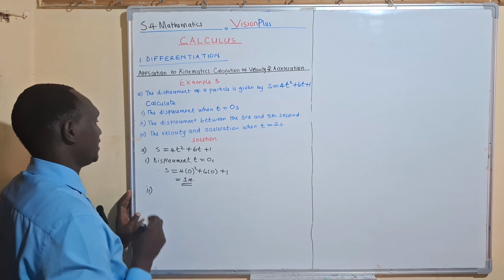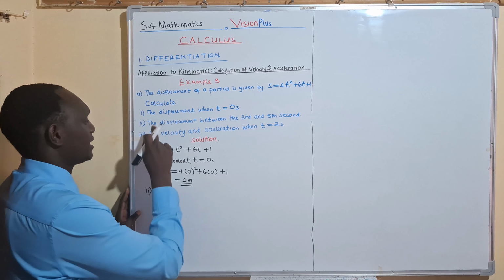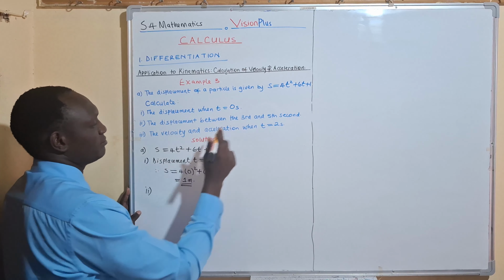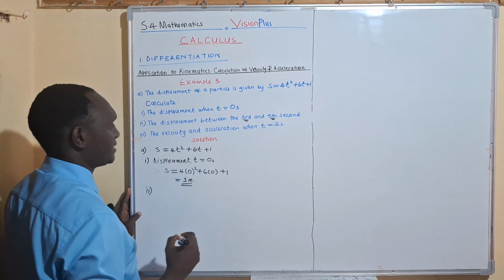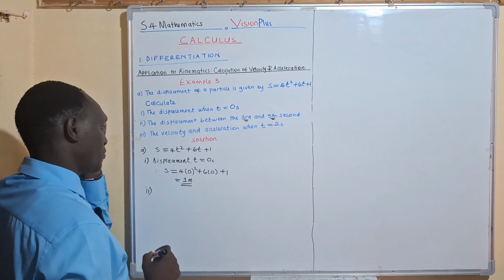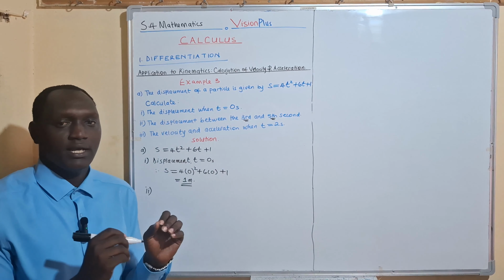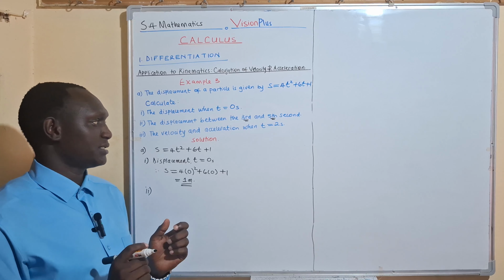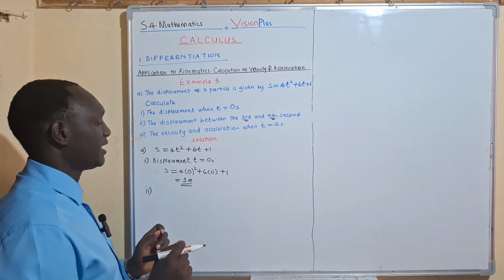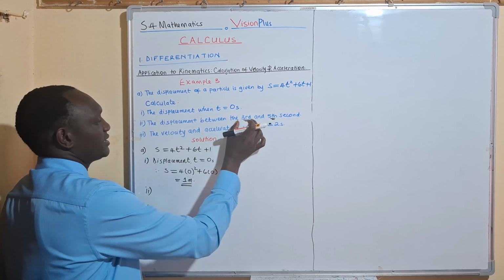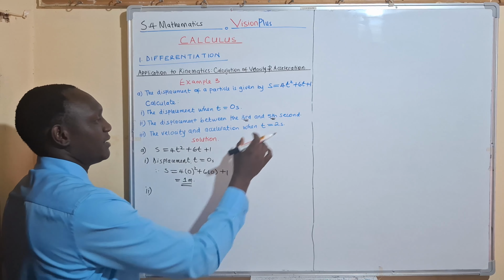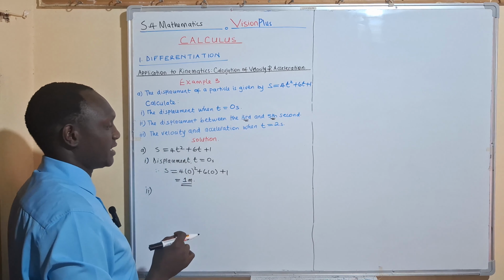Roman 2 says calculate the displacement between the third and the fifth second. Now, what do we need to do here? We are given two periods of time, that is, when the particle has moved for 3 seconds and when the particle has moved for 5 seconds.